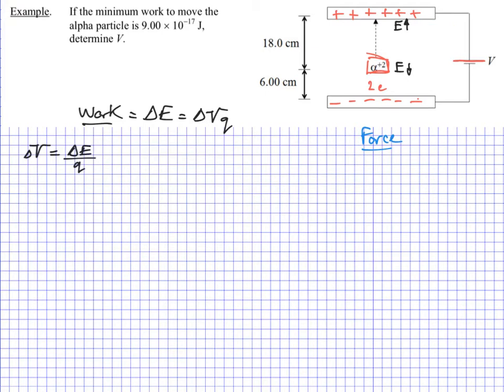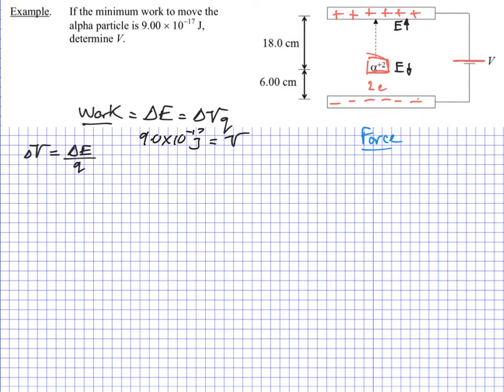Okay, so I'm told that the minimum energy to move this particle is 9.0 times 10 to the negative 17 joules. So that's going to be my change in energy. I'm just going to put that in here: 9.0 times 10 to the negative 17 joules is going to be equal to VQ.